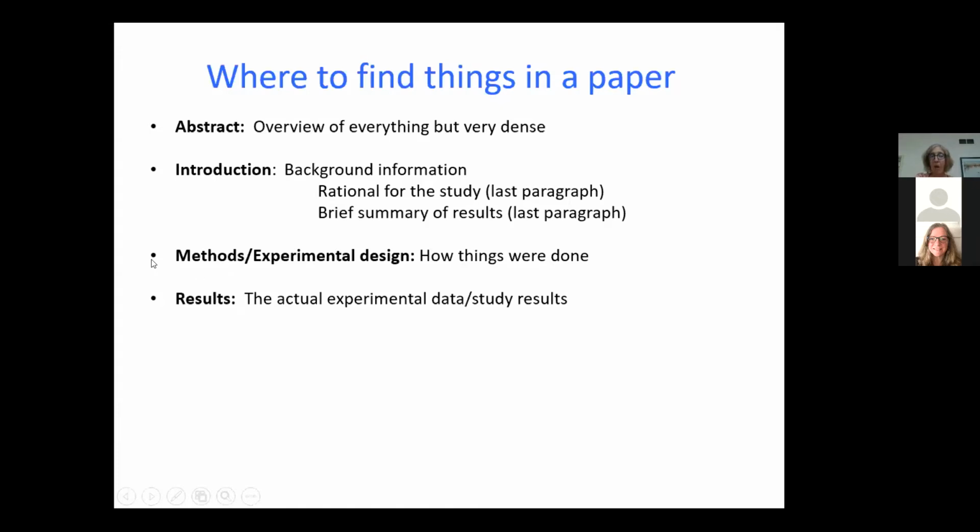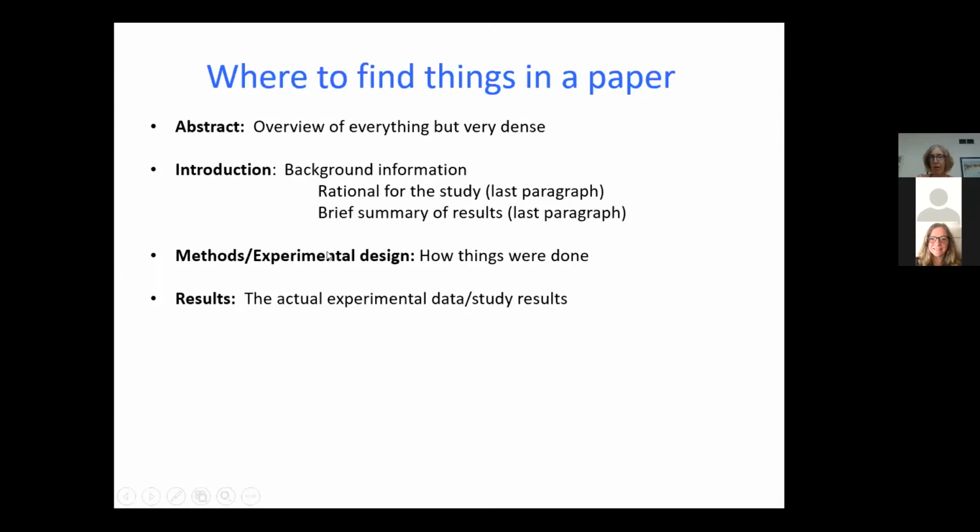Then you have a methods or experimental design. This is a standalone section which explains exactly how the experiments were done. The results section tells you the results of the experiments, and it explains enough of the experimental design so that you can understand what cells were used or what animals were used and who was compared to what, but it doesn't necessarily give you the nitty-gritty of exactly how many animals or how the cells were cultured or how they were counted, that sort of thing.